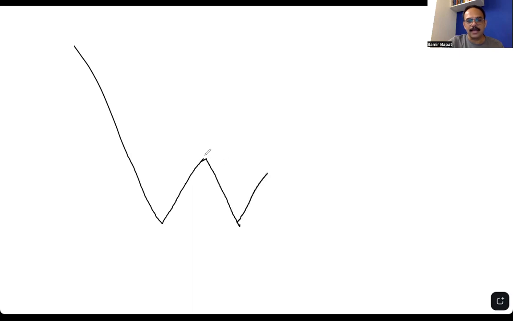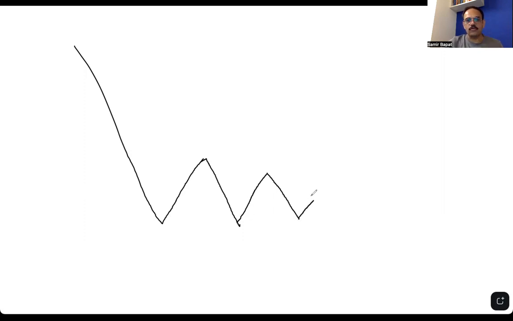Then the next high will not be the same height as the previous high, and it starts going down again, goes to the same level. So this is the third bottom. So this is called a double bottom. This is first, this is second, again third bottom, it starts going up.